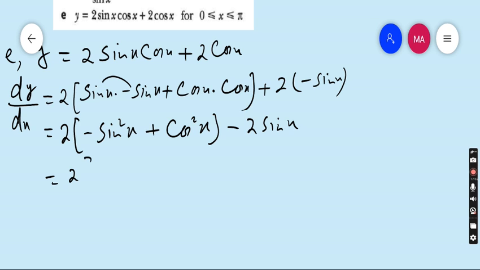So 2 into minus sin square x, and cos square can be written as 1 minus sin square x. This is trigonometry.